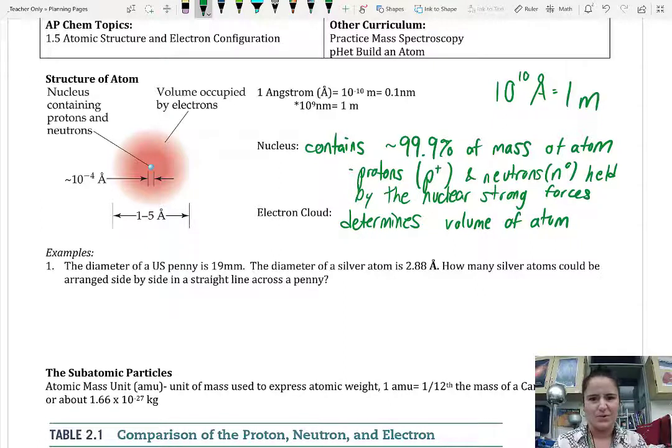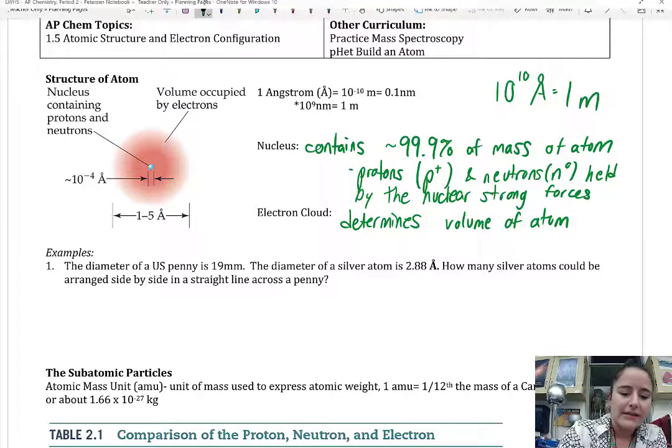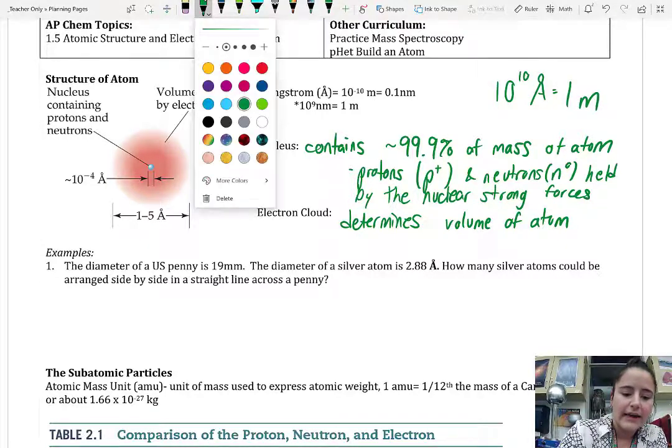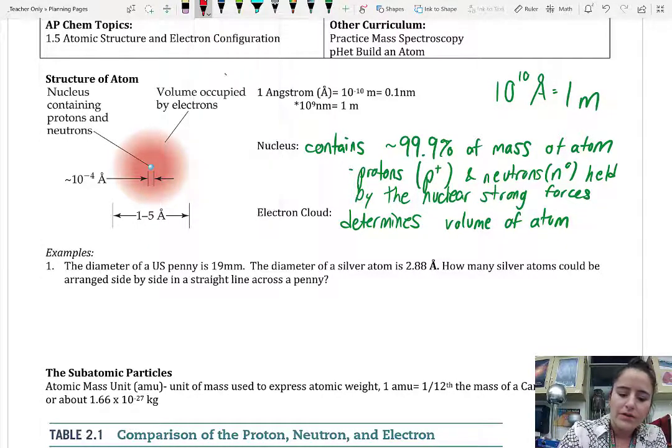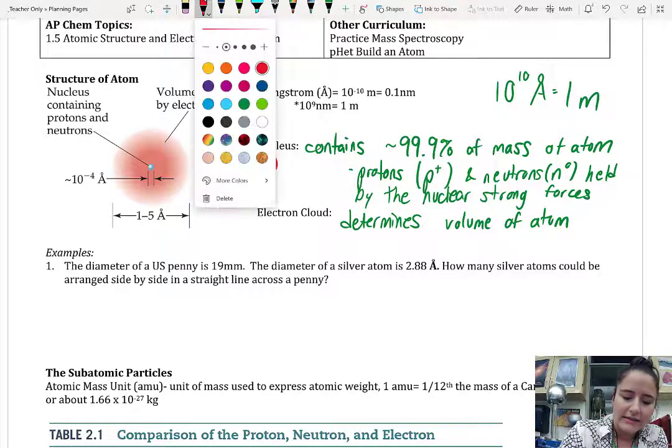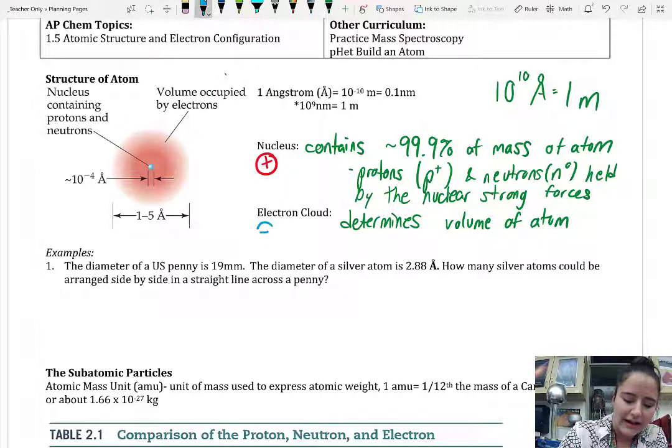We'll talk about that more when we get to orbitals. Now, if you're thinking about how these stay together, the nucleus has a positive charge, and the electron cloud has a negative charge. So they attract each other via electrostatic attraction, and that's what keeps the atom together.